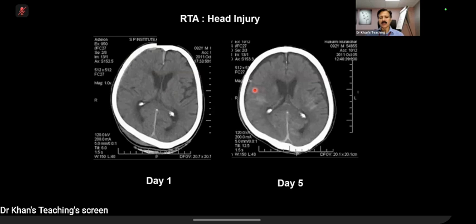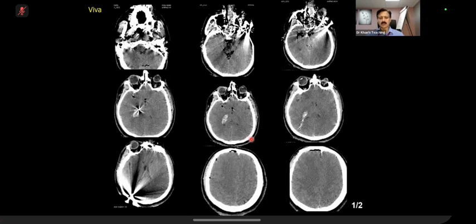But on day 2, you repeat the scan and you can see a hygroma. How do you explain this? Basically there was a defect or a traumatic rent in the dura. So this is another concept of the word subdural hygroma. Very rare. I've seen a few cases in my life, but it can happen. You should understand that mechanism.